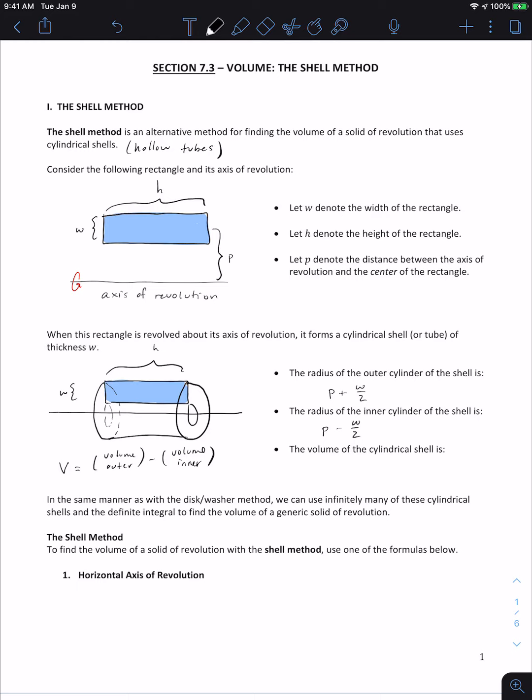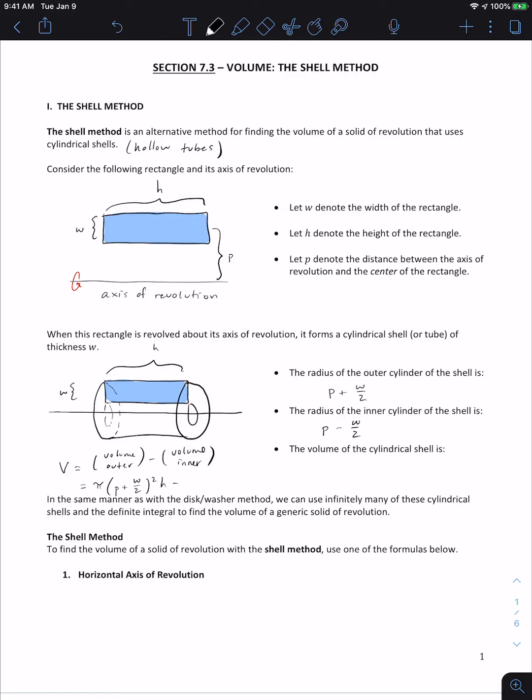That will give me the volume of just that outer shell, just that tube. What's the volume of the outer? Remember, in general, the volume of a cylinder is pi r squared times h. So in this case, it's pi times, what's my radius? We just found that to be P plus W over 2, squared. And what's the height of this cylinder? The height is given by h.